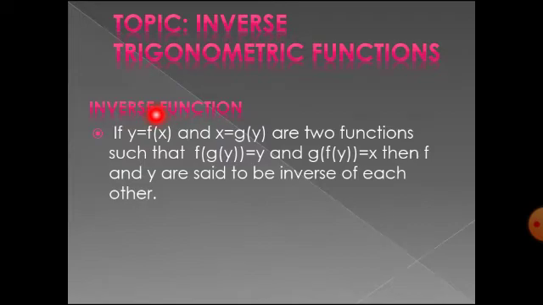If y is equal to f of x and x is equal to g of y are two functions such that f of g of y is equal to y and g of f of x is equal to x, then f and g are said to be inverse of each other.